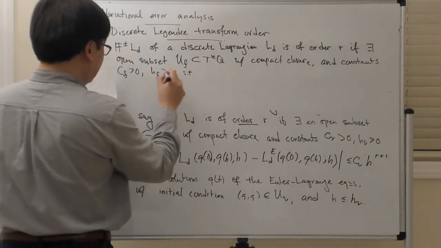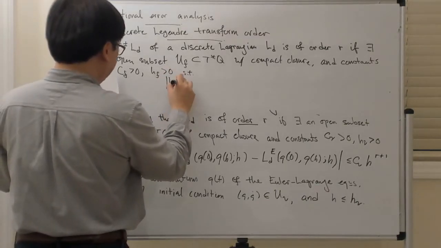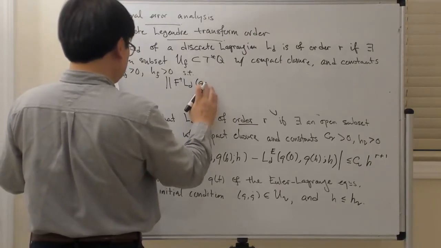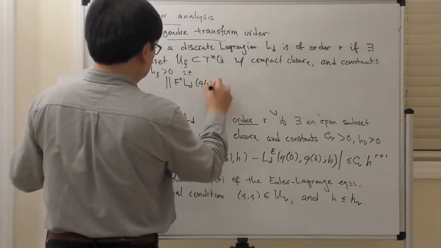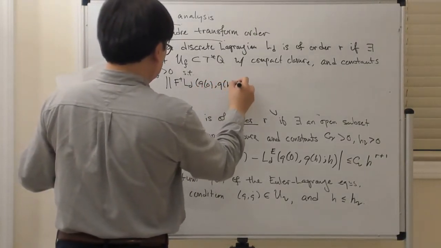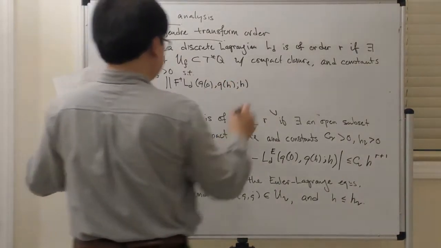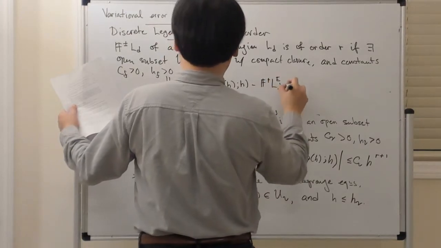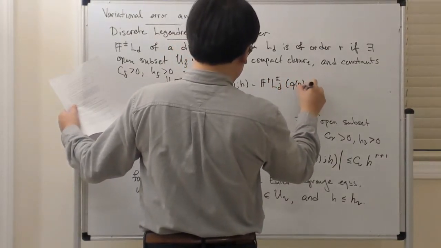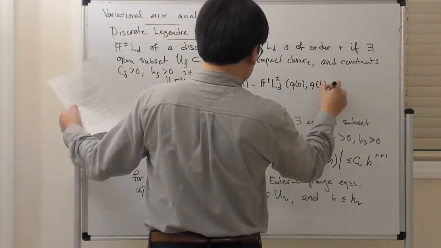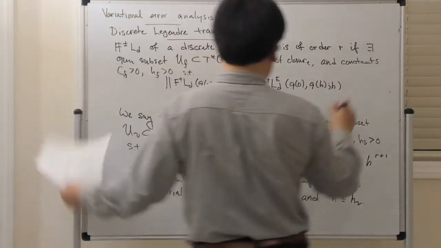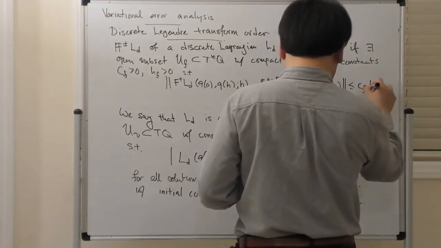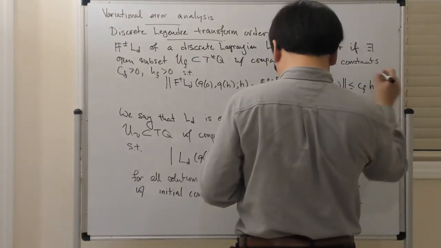Now you have some sort of norm of F plus L_D of Q at time 0, Q at time H, H minus F plus L_D exact of Q at time 0, Q at time H, again with that fixed time step, and this norm is less than or equal to C_F H to the R plus 1.